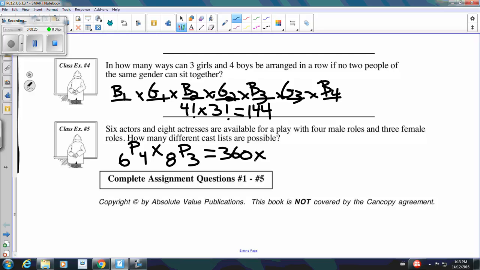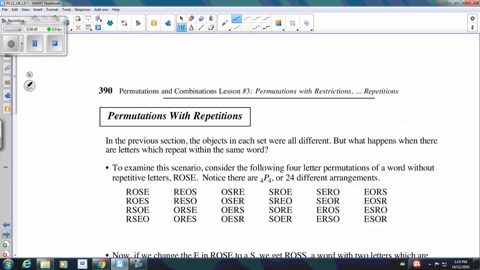So if I do this on my calculator, then I have 360 times 336, which equals 120,090 different cast lists. Sorry, 120,960 different cast lists. Okay, so you can stop here and do some practice questions, or you can keep going.